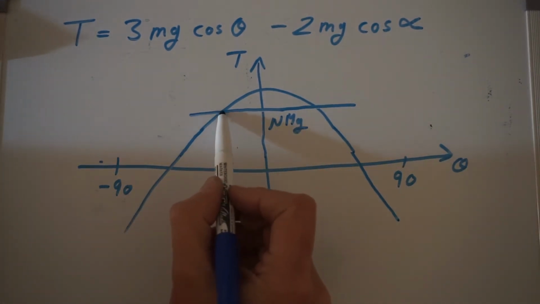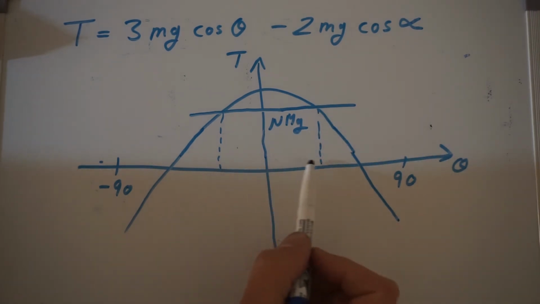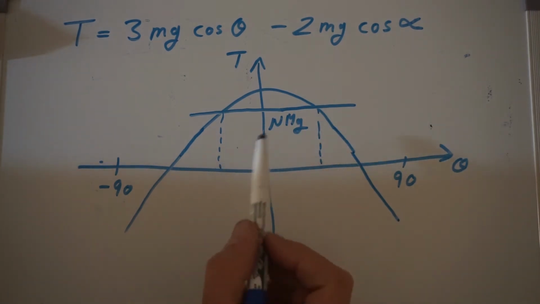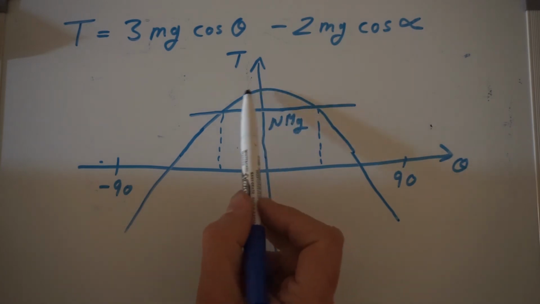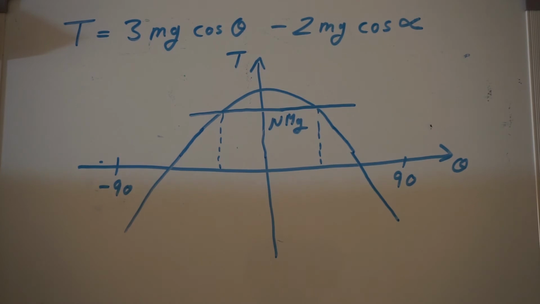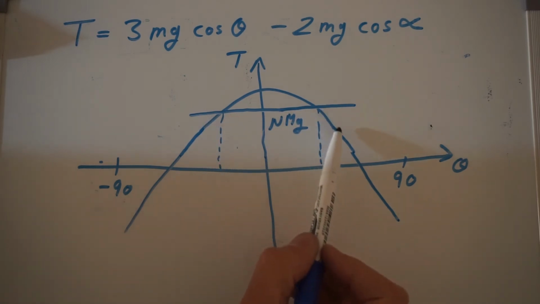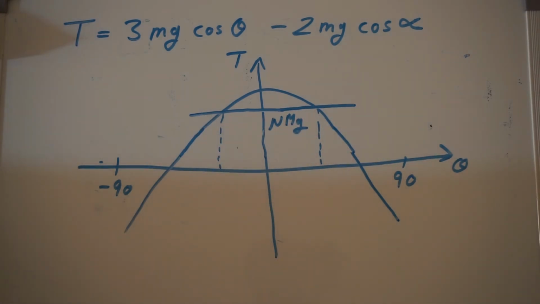So for angles in this range, the tension in the string will exceed the maximum friction available and the block will slide. But when the tension drops, as can be seen here and here, then the friction will be sufficient to stop the block sliding, as the maximum friction available will be greater than the tension.